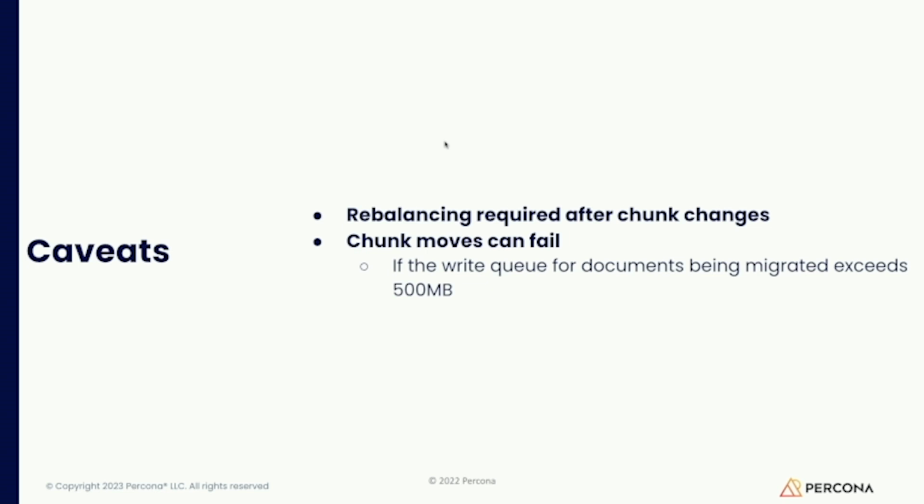And the other thing to keep in mind when you run a moveChunk command is that if this chunk is actively being written to, it might actually fail to move. There is a write queue for the specific chunk that has 500 megs in size. So if you write more than that while the chunk is being migrated, the migration will be interrupted. Yeah. There's no way to tune this at the moment.